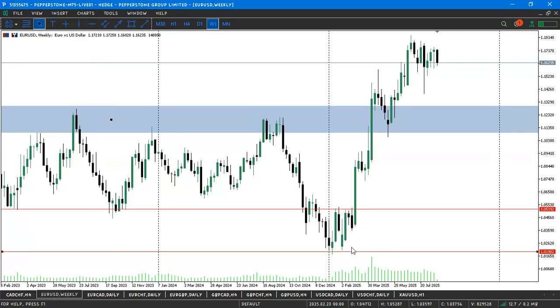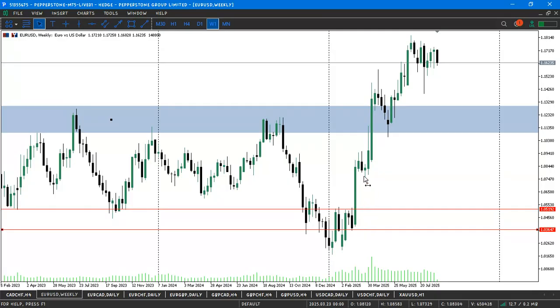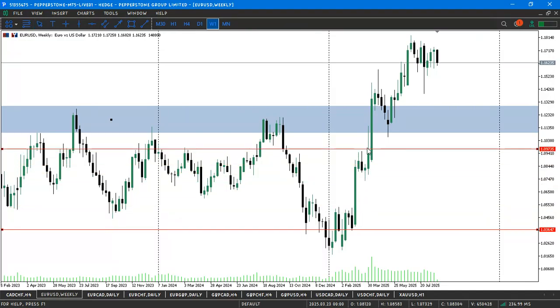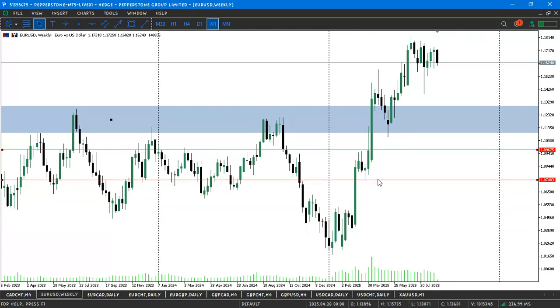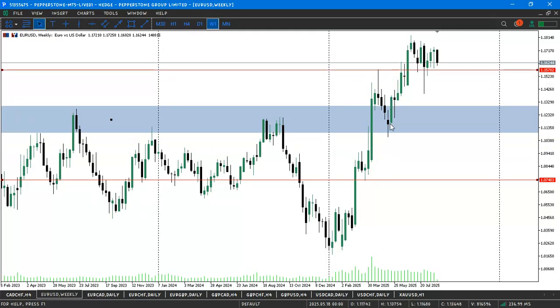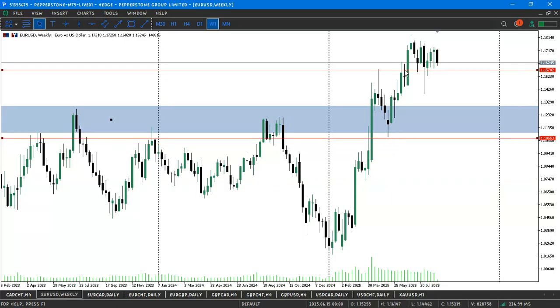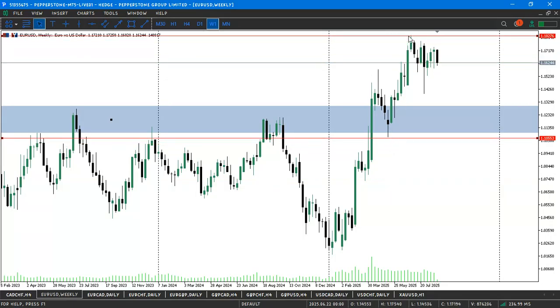It was broken by this low here and this high, which was then broken by this low and this high, after which we had this low and this high, which we are currently reacting from.